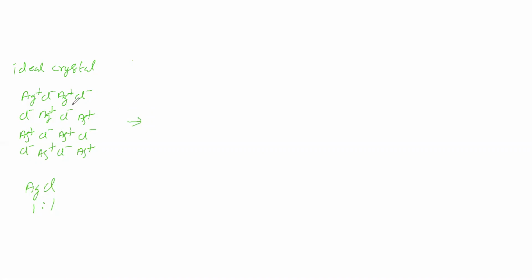Now we will see how AgCl is practically available. So it is Ag plus, Cl minus, Ag plus, Cl minus.